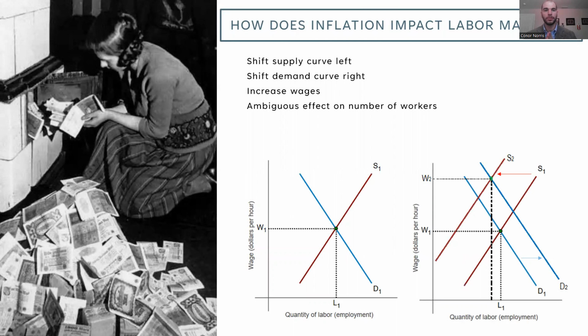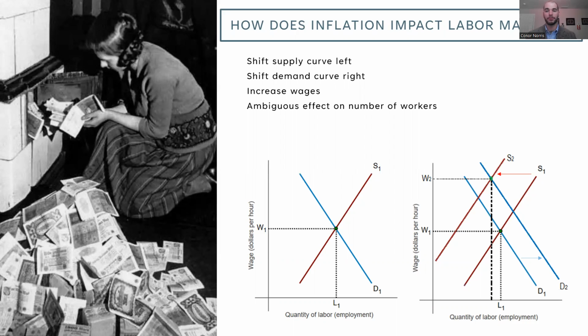Okay, so let's look at this. On the left, the figure on the bottom of the screen, the left one of those, is our labor market in equilibrium. Now, if we consider an increase in the prices that consumers are going to pay, it's going to shift the supply curve to the left, or decrease the supply of workers, because each dollar that workers receive in their salary is able to buy fewer goods, and every non-Scrooge person out there wants money to buy things, not just to have the money.